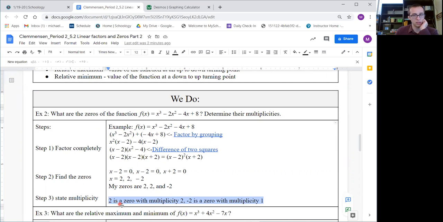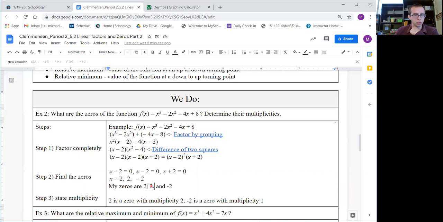So how we get our answer is we have our 3 zeros. These are the zeros from this function. We did that by factoring, then setting each factor equal to 0, and then solving. From there, we take our number of solutions, and we find out how many of each number we have.